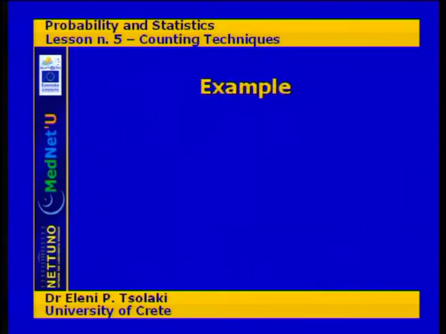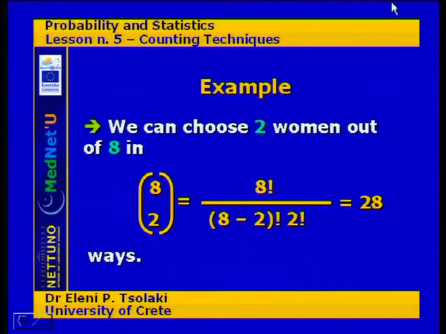And now we calculate in how many different ways we can choose 2 women out of 8. We see here that we can choose 2 women out of 8 in 28 different ways.